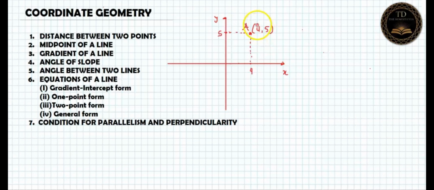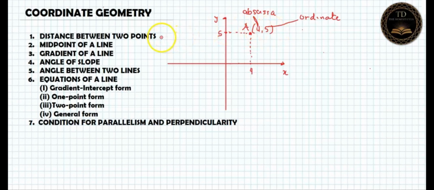This value 4, the value from the x-axis, is usually referred to as the abscissa. And this one is usually referred to as the ordinate. Together they are called coordinate. So that's basically the idea behind coordinate geometry.